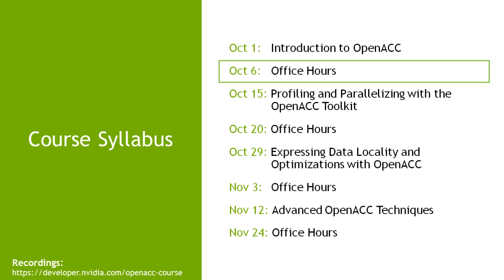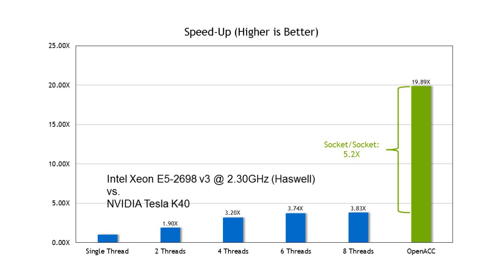I believe this goes back to the graphs. Let me find the graph here. There was a question about how much the CPU contributes to this speed up number. And what I'm showing here is if I take those loops and parallelize those loops on the CPU, I get almost a 4x performance improvement on 8 cores.